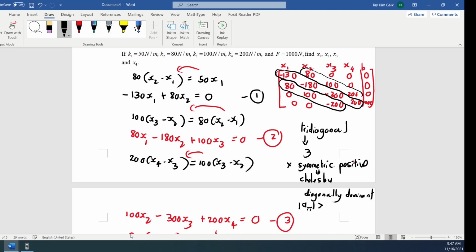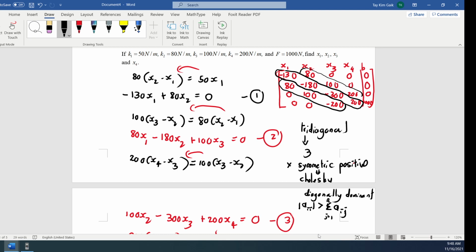Have to check whether |Aii| is greater than or equal to the summation of |Aij|, where j from 1 up to n.